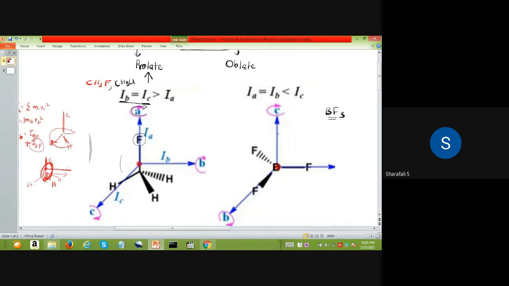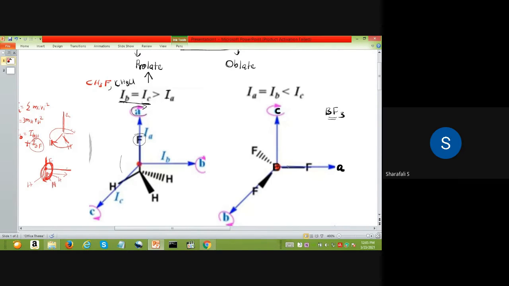And then we have to consider different moments of inertia, and you can see if you take those axes, this time I am taking this as my axis C instead of A, and this will be my axis A. Why?